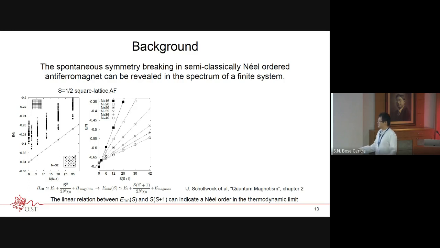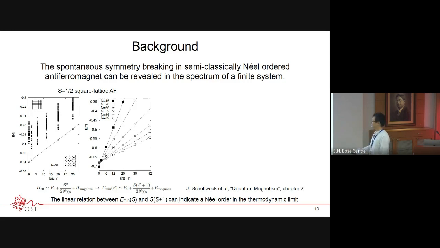That means it is proportional to the squared total S. What I would like to say here is that if we have the Néel order state in the thermodynamic limit, the lowest energy state of each spin sector should be on a straight line. That is a kind of signature of the symmetry breaking in the thermodynamic limit, and we can get this signature from the finite size system.